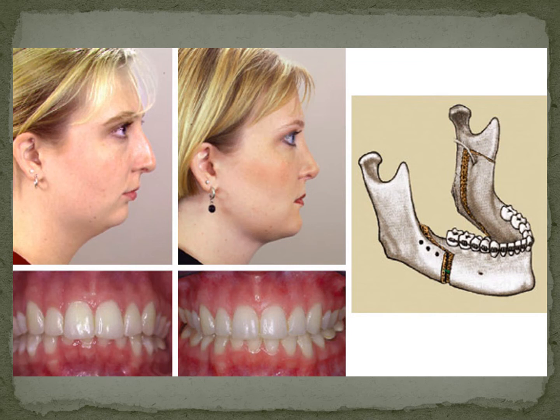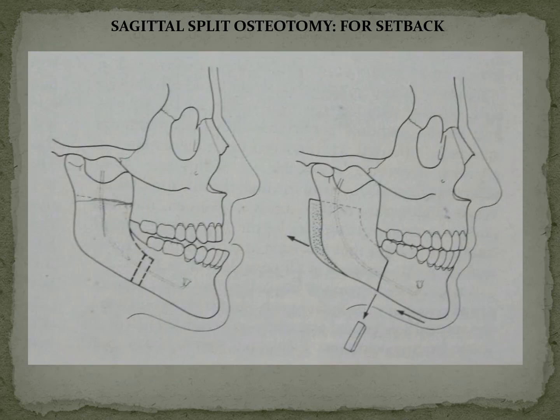The diagram is showing the orthognathic mandible, so that we don't do an end-to-end mandible. So we've done the sagittal split, and sometimes that is called setback.